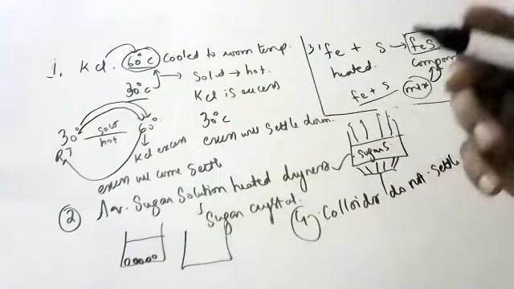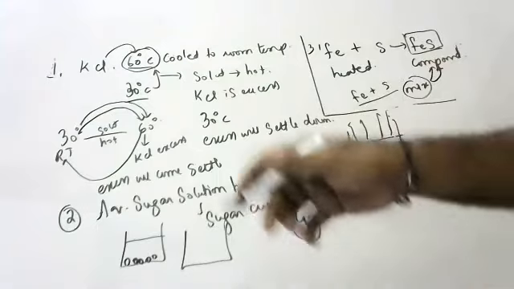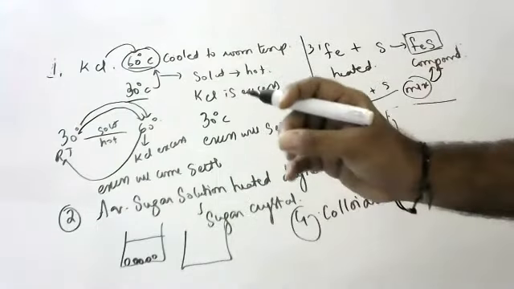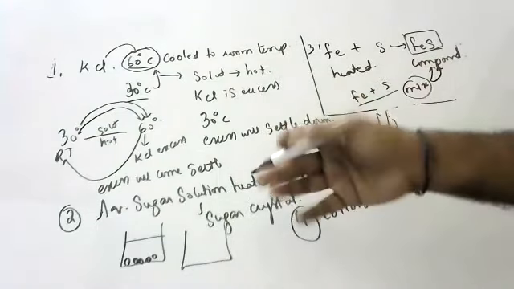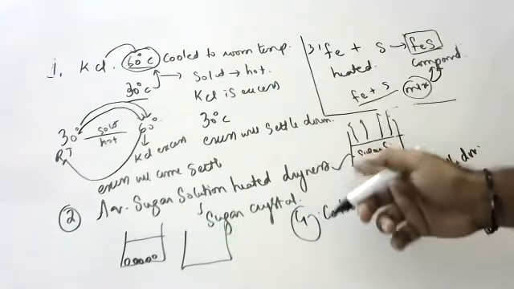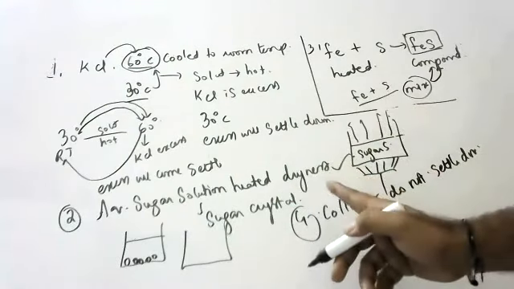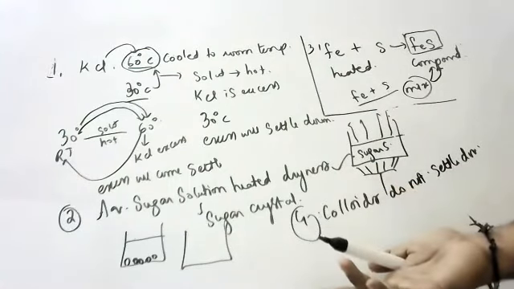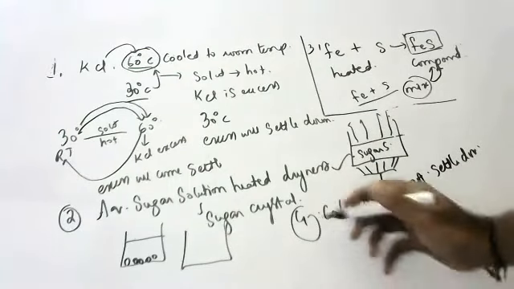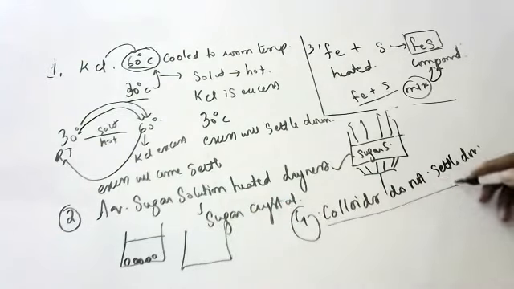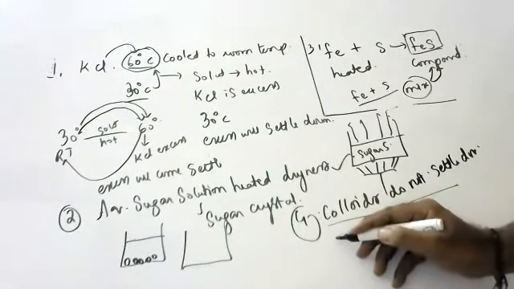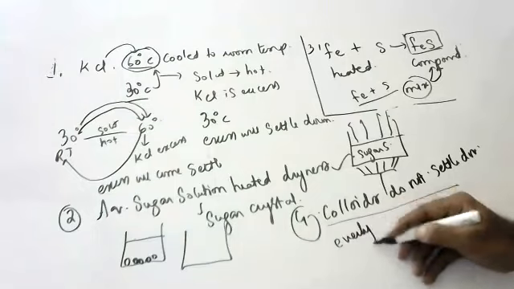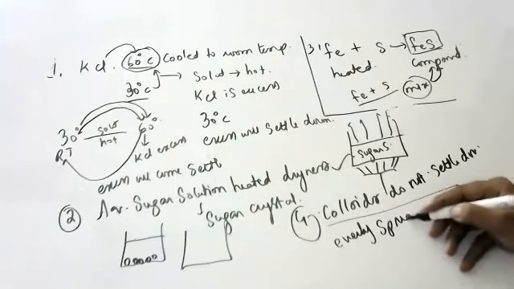Why is the question. The particles are spread evenly through the medium, whether it is solid, liquid, or gas, because the dispersed particles of colloid are not as large as those of suspension. Therefore, they do not settle down. Simple. First, they are evenly spread out.